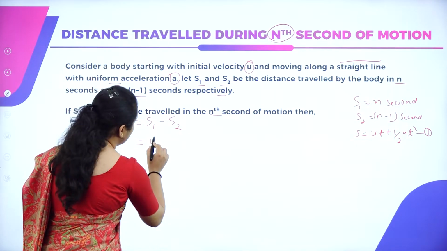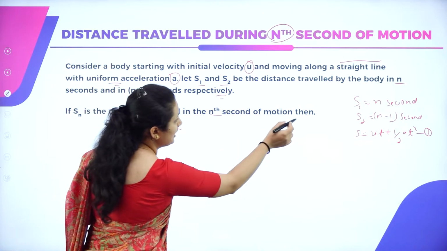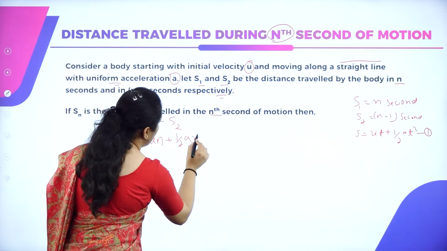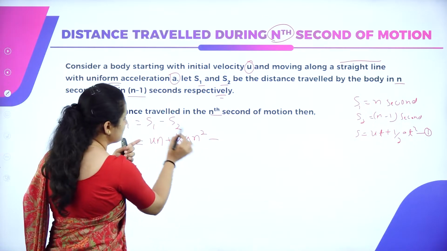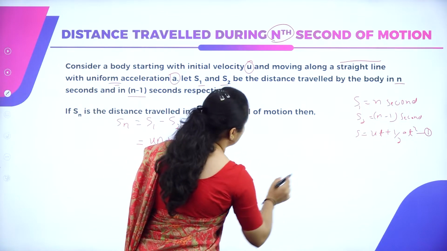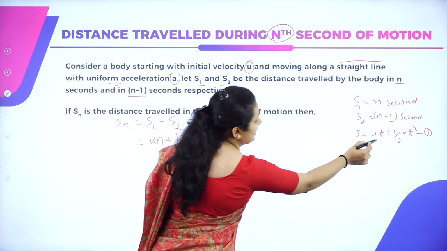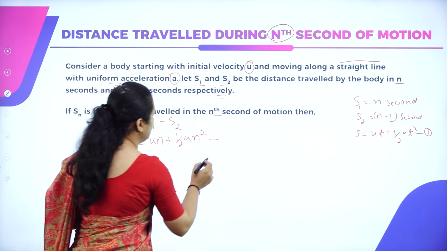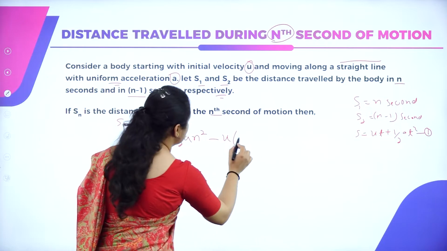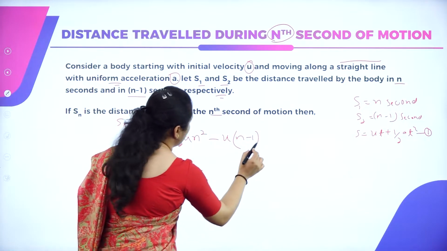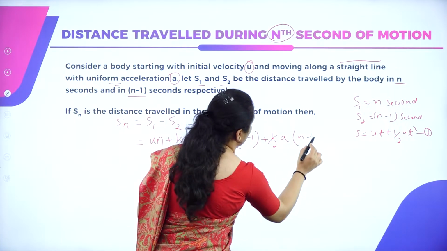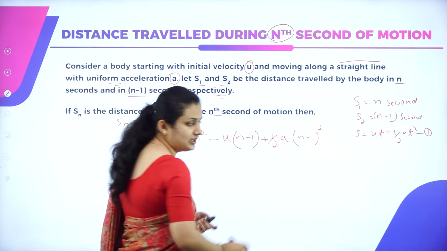So S1 is un plus half a n square, minus S2. Similarly, how will you take S2 here? For S2, the time is n minus 1 second. So substitute n minus 1 in place of t. So u into n minus 1, plus half a into n minus 1 whole square, because it is t square.